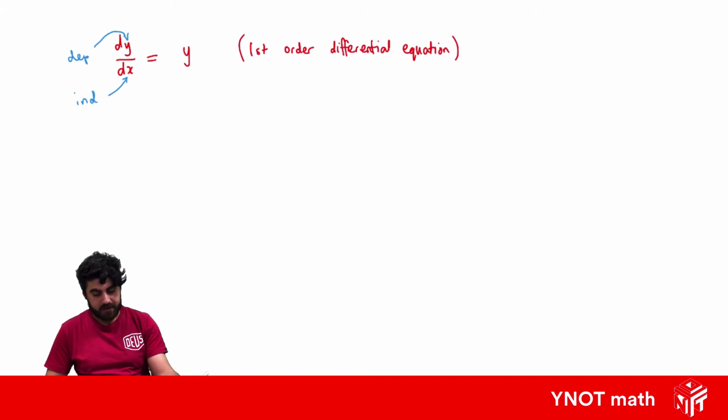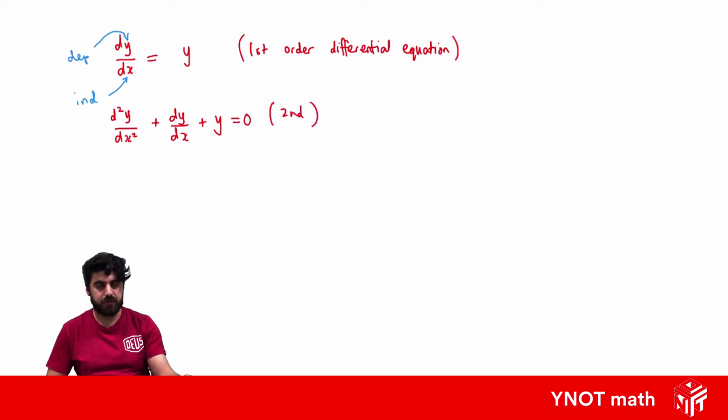Let's have a look at an example of a second order differential equation. So this might be d2y dx squared plus dy dx plus y equals 0. So this is a second order differential equation because it involves a second derivative.